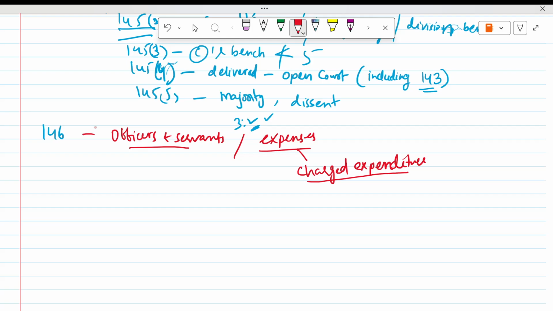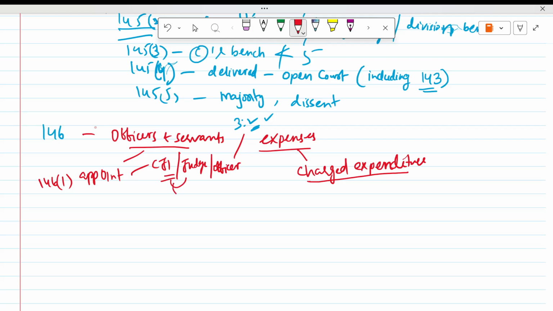Then officers and servants are appointed, under 146.1, by the CJI or any judge nominated by him or any officer nominated by him.